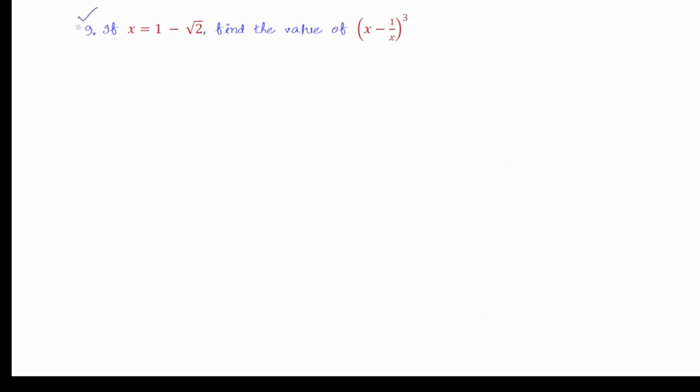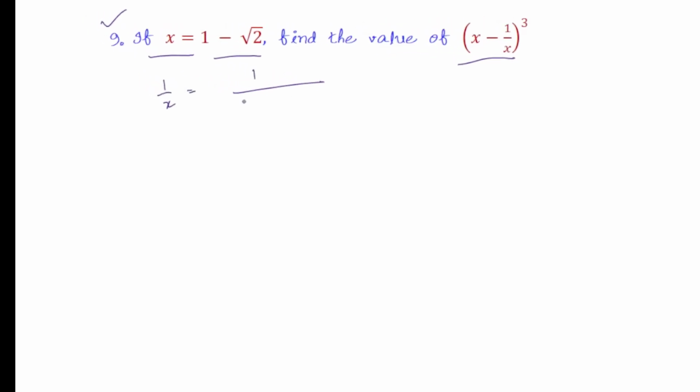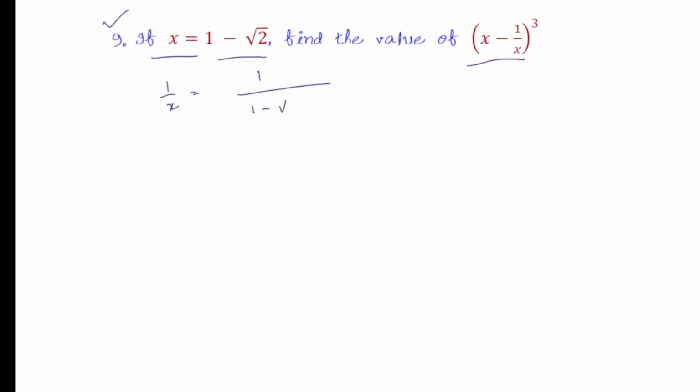Now question number 9. If x equal to 1 minus root 2, find the value of x minus 1 by x whole cube. So first, x we know. Now let us find 1 upon x, and that is equal to 1 divided by 1 minus root 2. So we can do the rationalization here. Let us multiply it by 1 plus root 2.